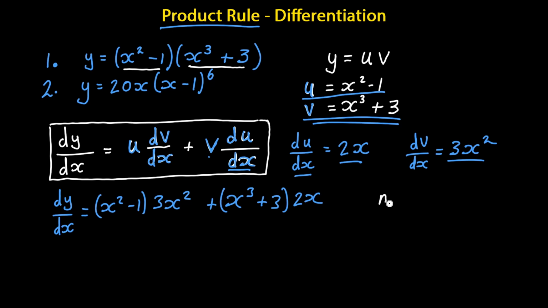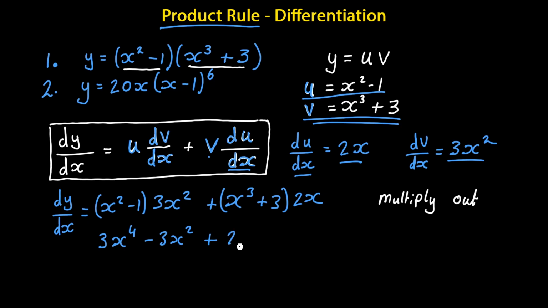So we need to simplify this and find some common factors. So if I multiply out these brackets here, x squared multiplied by 3x squared is 3x to the power of 4. We also multiply -1 by 3x squared.